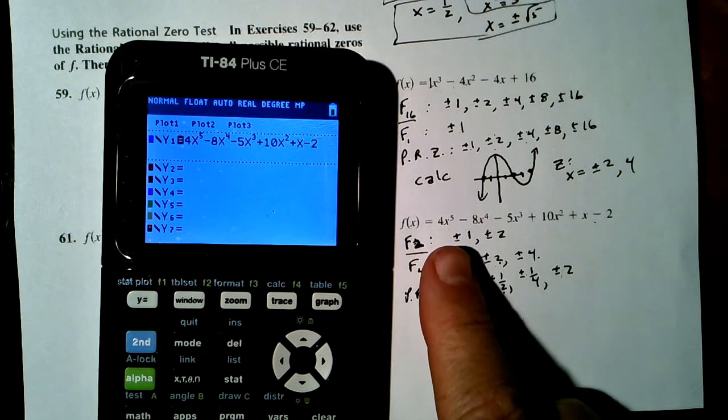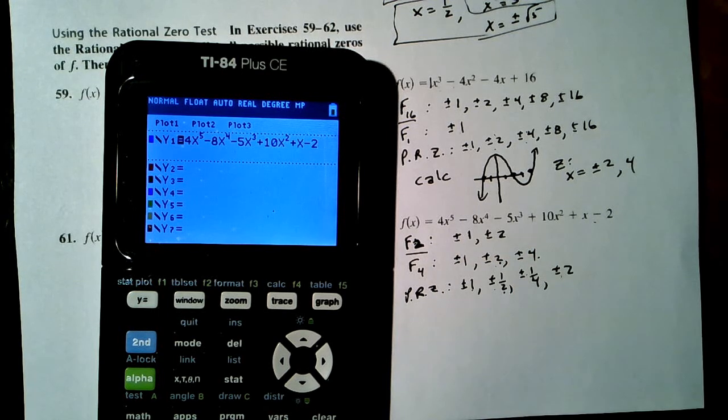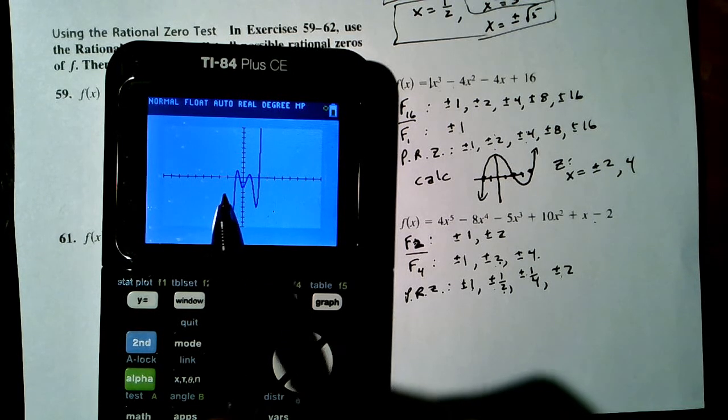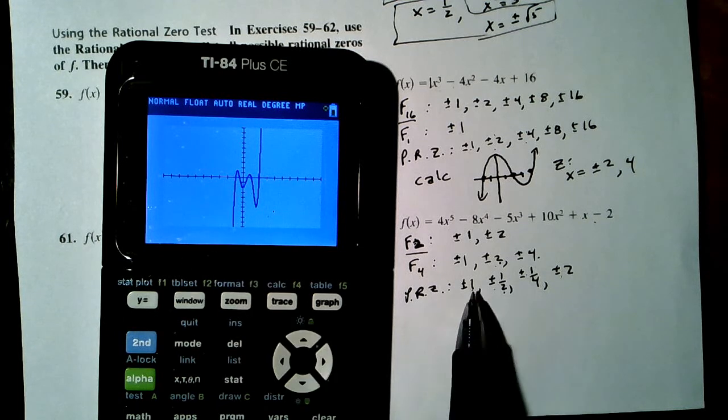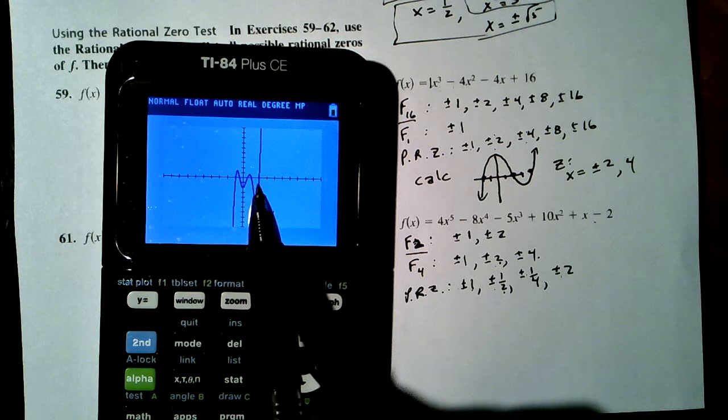One more double check: 4x to the 5th minus 8x to the 4th minus 5x cubed plus 10x squared plus x minus 2. Let's graph it and see if we have any decent zeros here. Okay, based on this, it looks like possibly negative 1, possibly negative 1/2, possibly 1/2, possibly 1, possibly 2.